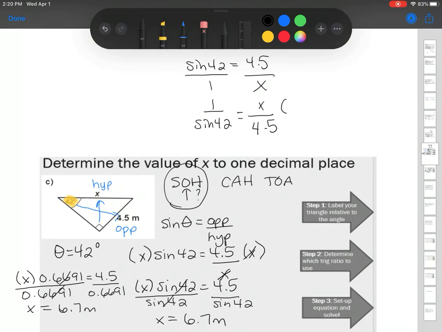So then you're going to multiply by 4.5, and you're going to get the same answer. So then it would be 4.5 times 1 divided by sine 42. But again, it's still 2 steps. It's a little bit less straightforward than when the unknown variable is on the top. But it's the same thing.